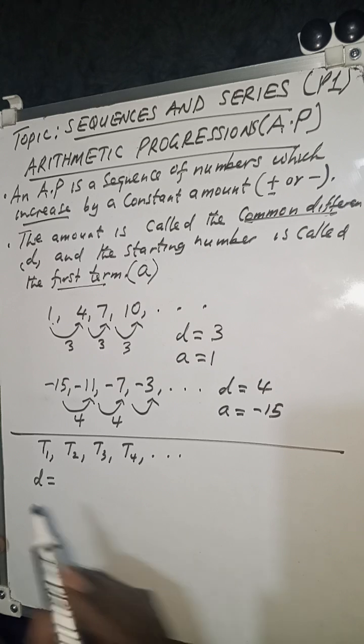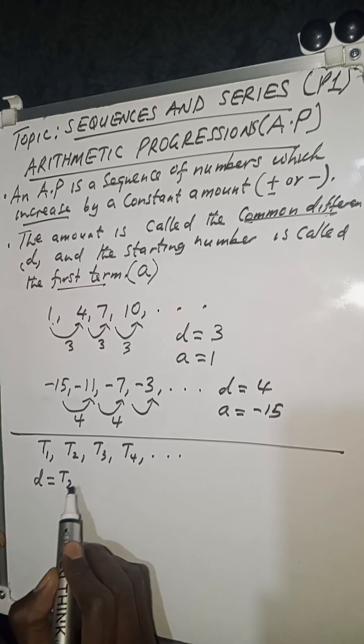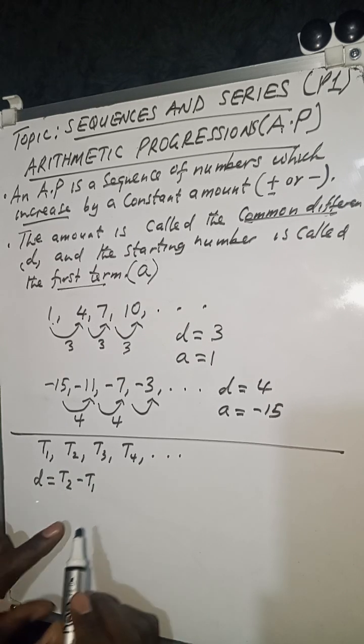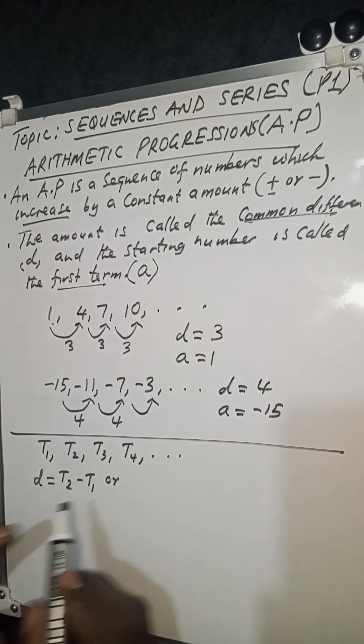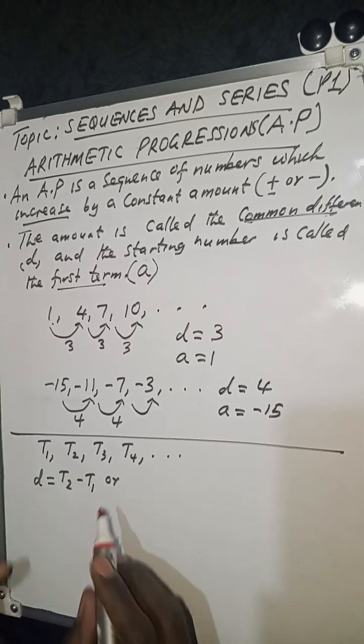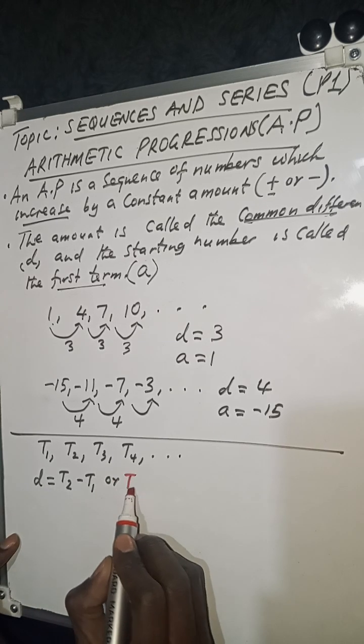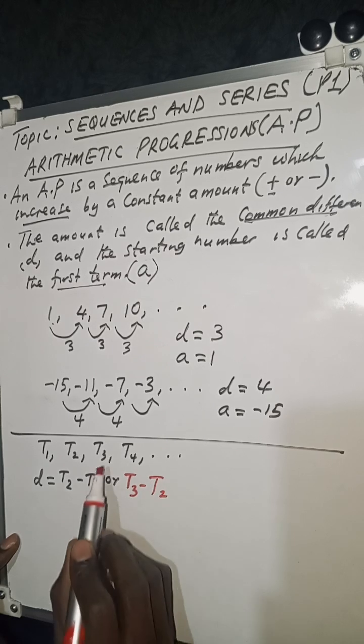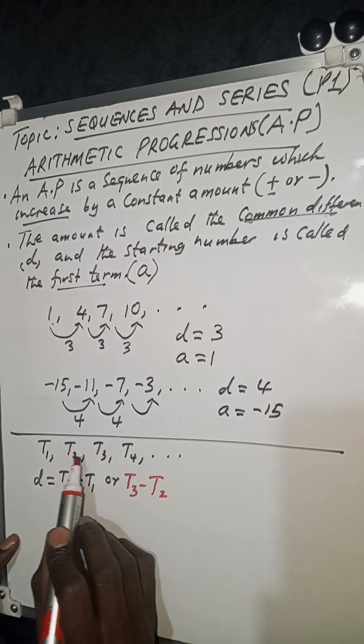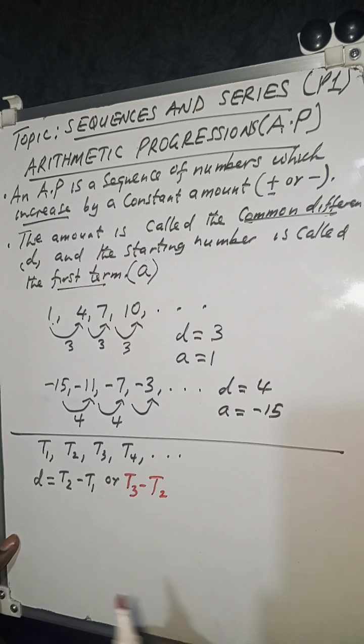No wonder it's called the common difference. So you can get T2 minus T1. Even if you get T3 minus T2, as long as the terms are following each other, that's what I mean by consecutively, the value is always going to be constant. You can get your common difference.